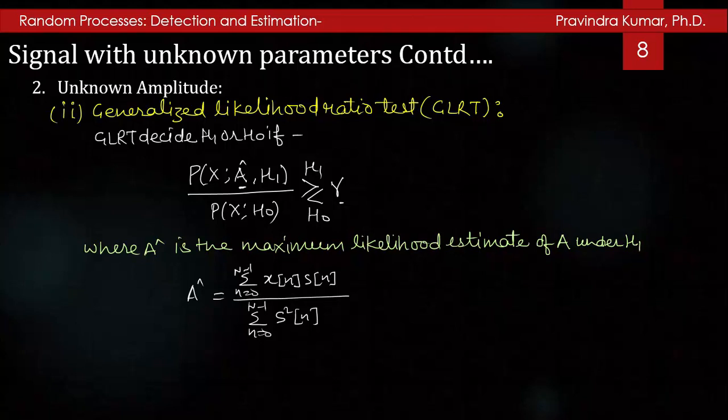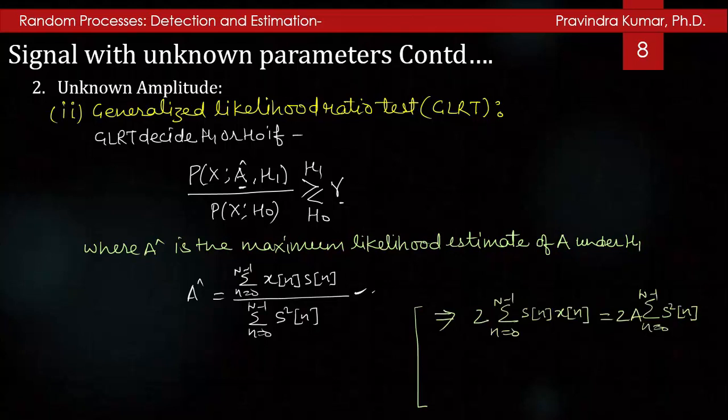It is summation n=0 to N-1 x[n]s[n] divided by summation n=0 to N-1 s squared[n], and it comes from equation 1 of slide number 6. Taking the differentiation of the log likelihood function, you will get 2 summation n=0 to N-1 s[n]x[n] equal to 2A summation n=0 to N-1 s squared[n].